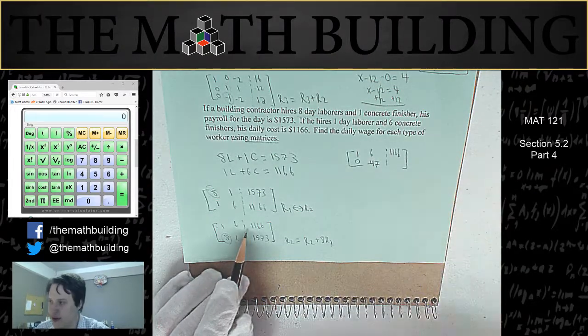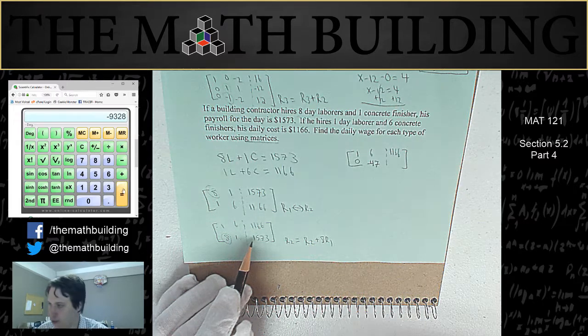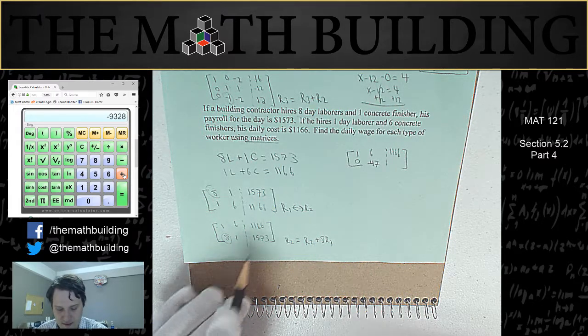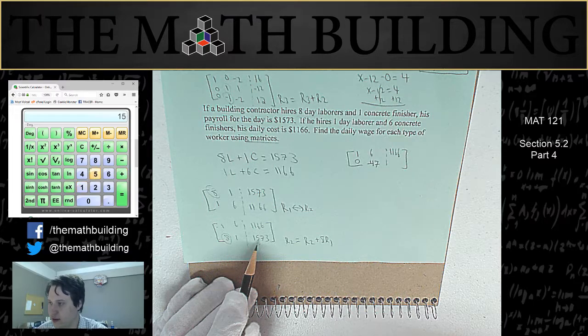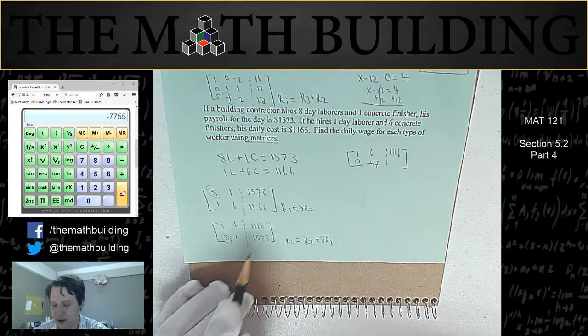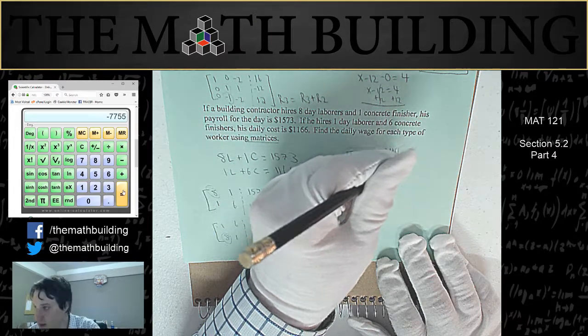And I'll need the calculator for this. 1166 times negative 8 is that number, plus 1573. Negative 7755.